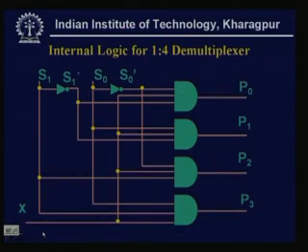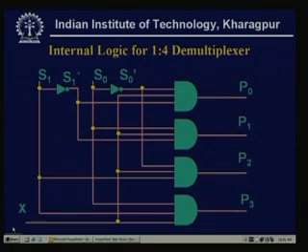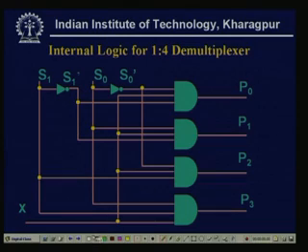Now, if we see the internal circuitry, always one input is there, that is my x input. Now, this x is fed as the input of all the AND gates, and the outputs of the AND gates are P0, P1, P2, P3.